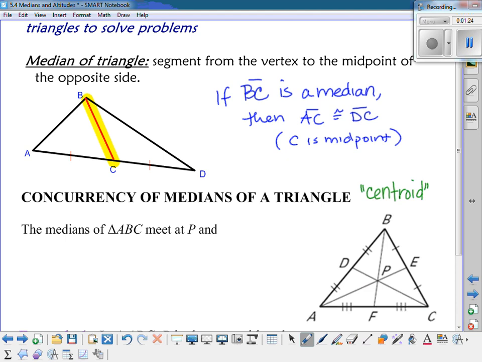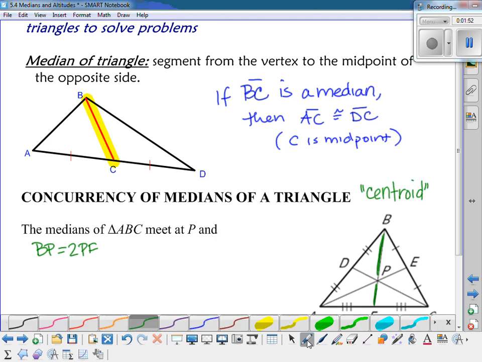So there's a special relationship that happens to the medians as they go to the centroid. If I look at BF, which is the median, BP turns out is twice as long as PF. So it takes 2 PFs to equal 1 BP.